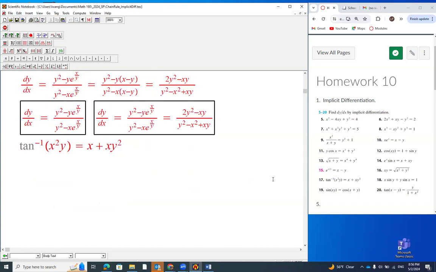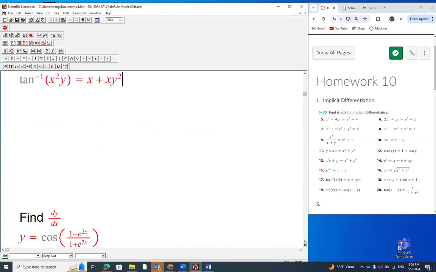Of course, we want to find dy dx. We view y as a function of x, so we're going to differentiate this equation implicitly.